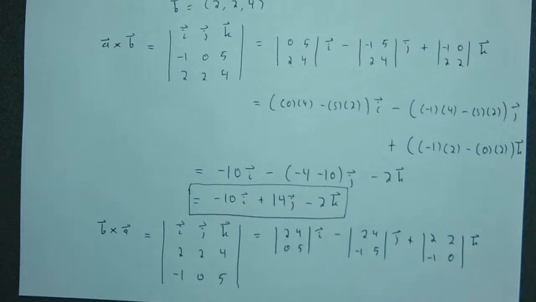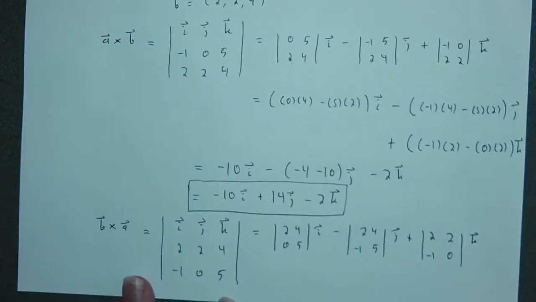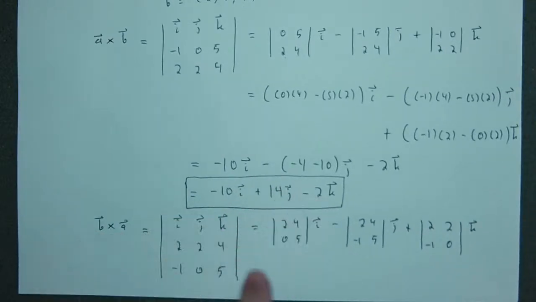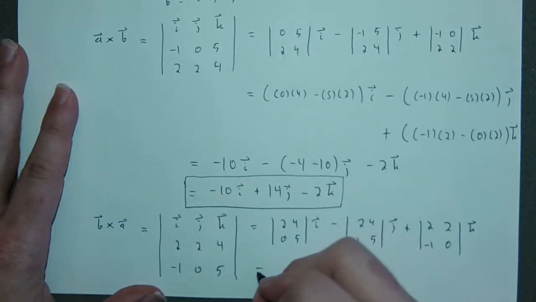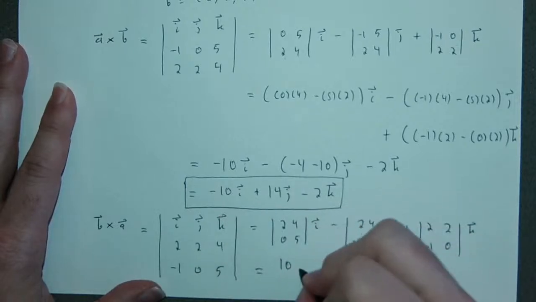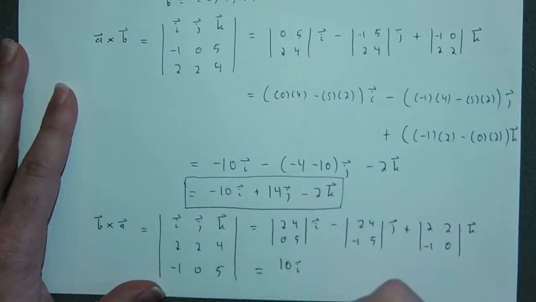Now, you can compute this directly, but it turns out for the determinant, if you swap two rows, that flips the sign of the determinant. So each of these is going to be minus what it was up here. And so what we get is that this is 10i. You can just compute that. It's 10 minus 0.